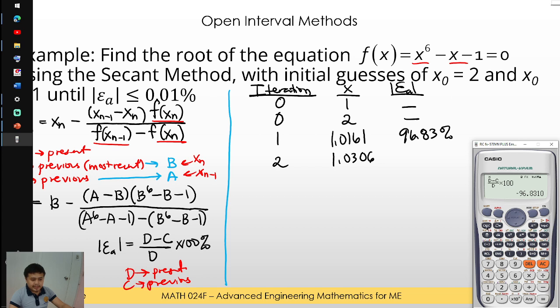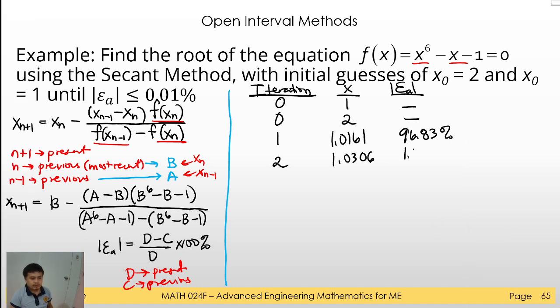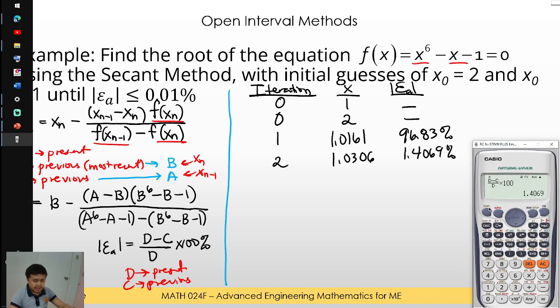We will now find the approximate error: 1.0306 and 1.0161. So the answer is 1.4069%, and continue.